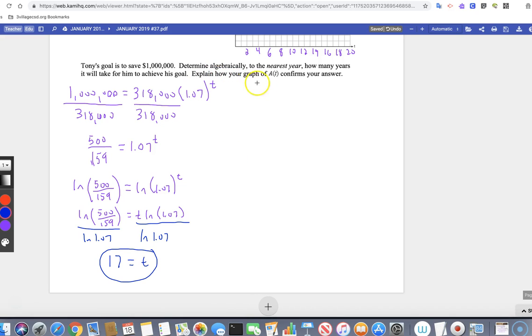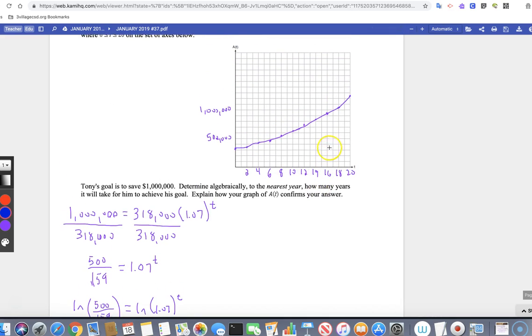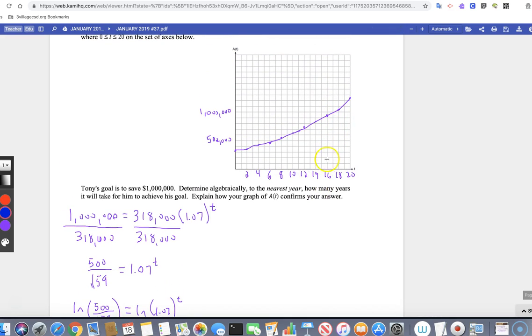And now the last part of this problem, again, this is a part 4 problem, there's a lot here: explain how our graph of A of t confirms our answer. Well, his account reached $1 million after 17 years. And when we look at our graph, at 17 years here, at time of 17, we'll notice that our graph is right at $1 million, the amount that Tony wants in his account.